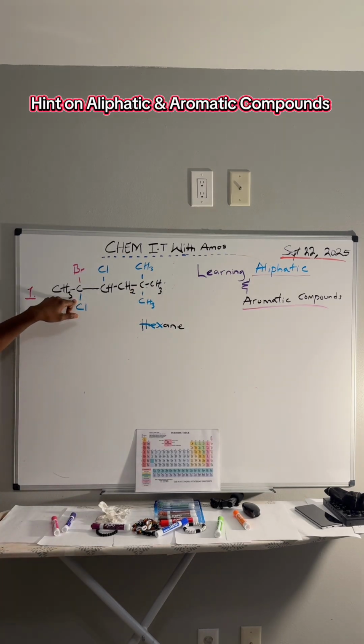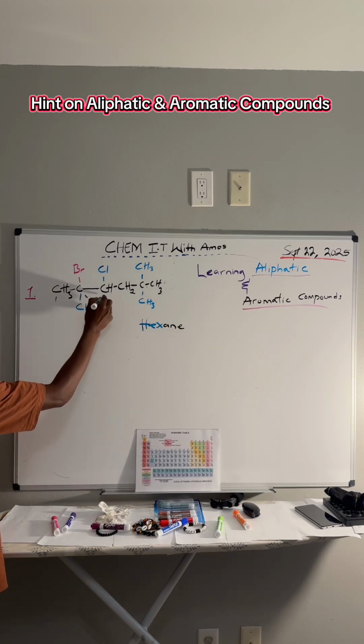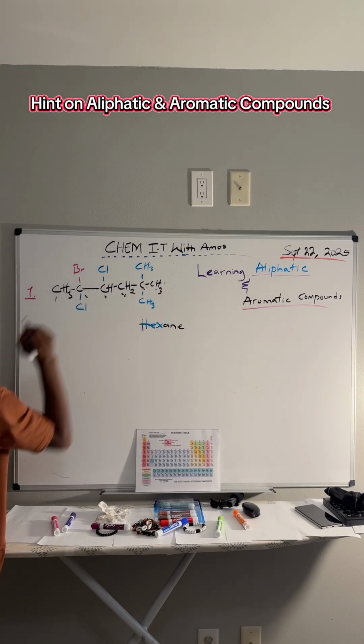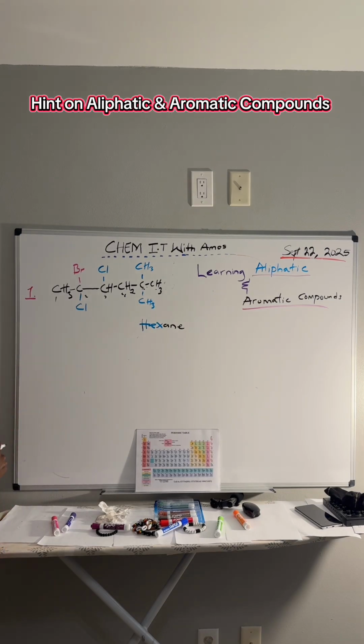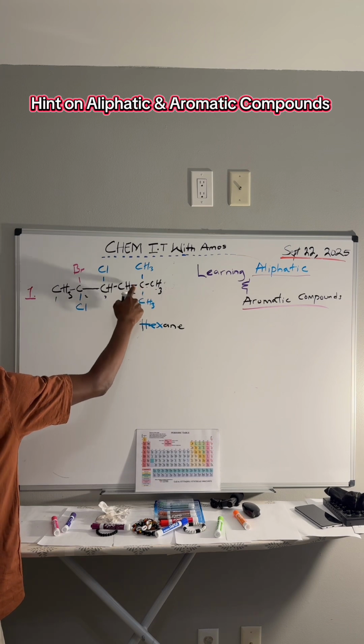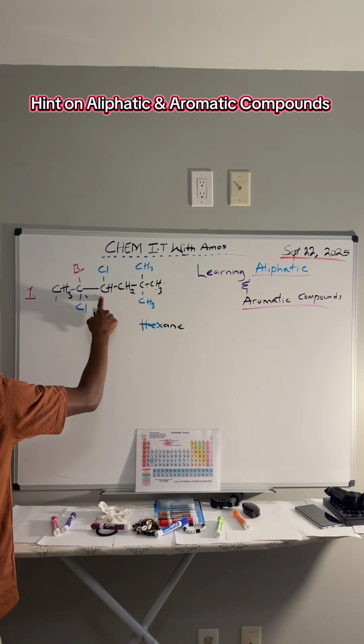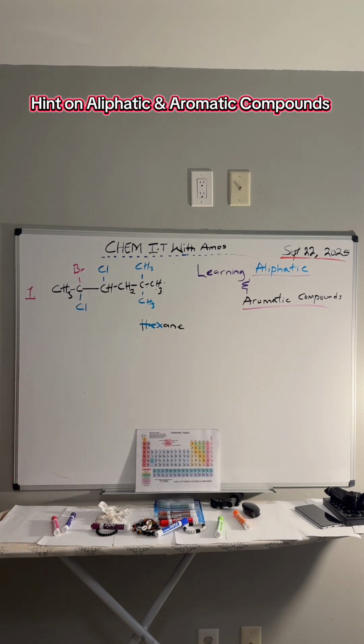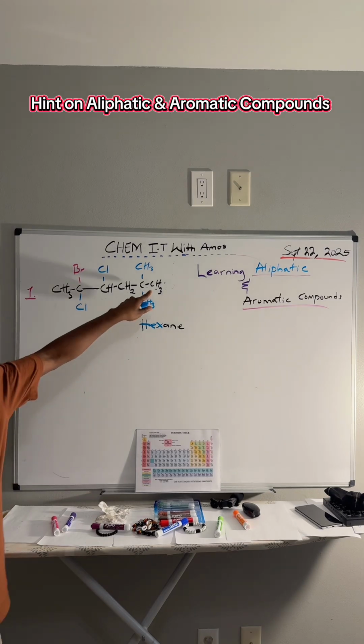Likewise, if you count 1, 2, 3, 4, 5, 6 from this side, or if you want to count from this side, you say 1, 2. The second one will also contain a substituent or a branch attached to it. So in this case, we can count from anywhere.